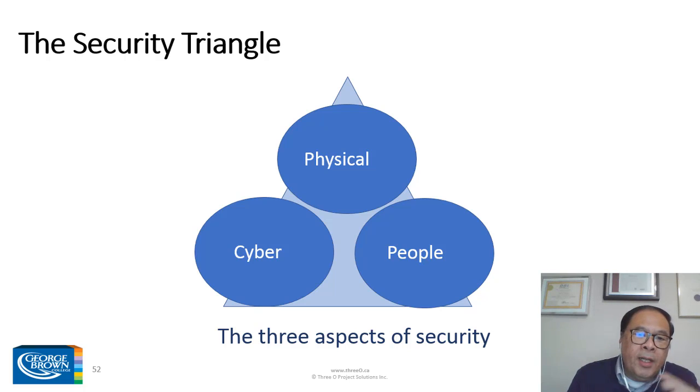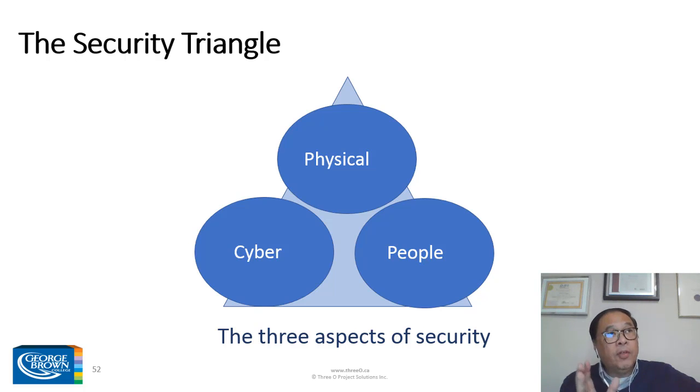And then on the left hand side of the triangle, it's called cyber. This is the one that I talked about that is getting a lot of attention from the media. When I say cyber, in this context, I refer to the technical side of security. So these are talking about network, router, firewall, server, different operating systems like iOS or Mac or Windows or Linux and so on.